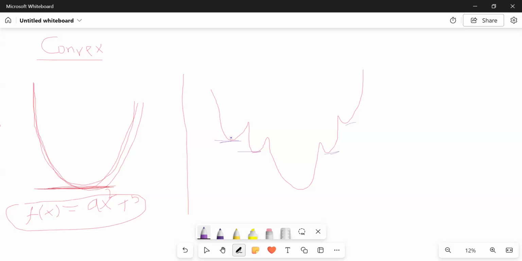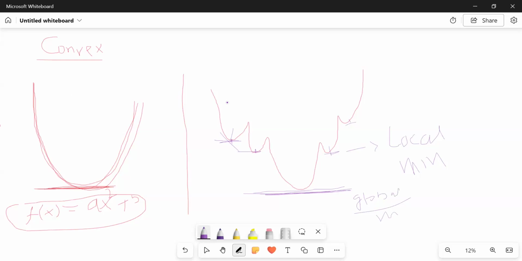So this small point where you find some minimum value is called local minimum, because in this graph you can find multiple local minimum values, right? You can find here also, here also, here also. But the global minima will be here. This is the lowest point, right? So this is called global minima. Global minima means the lowest of the lowest.